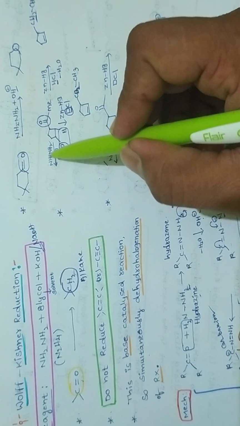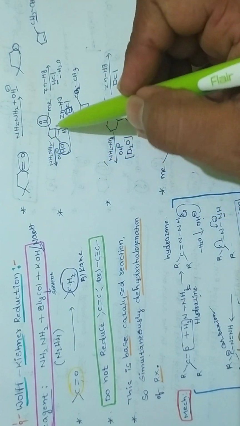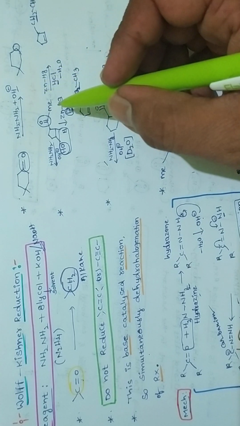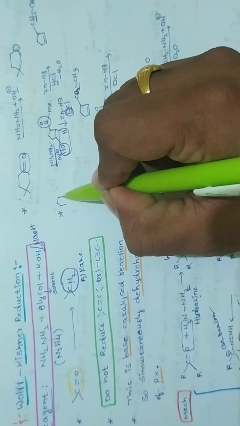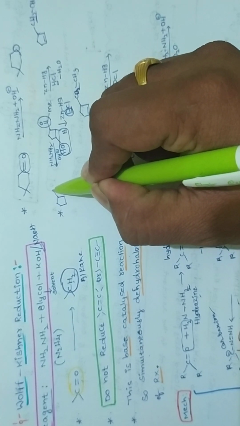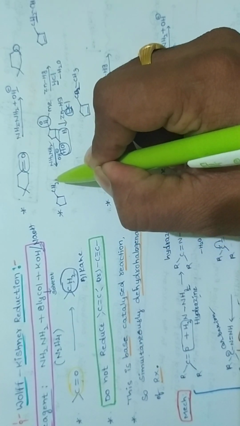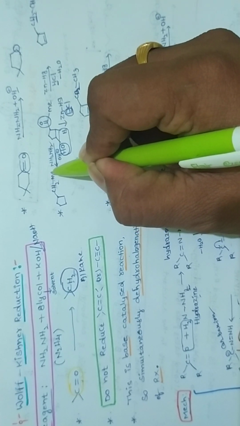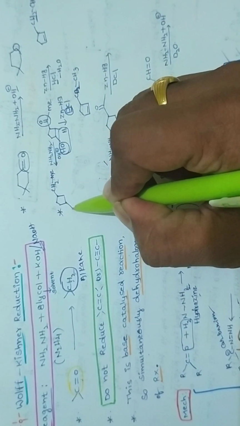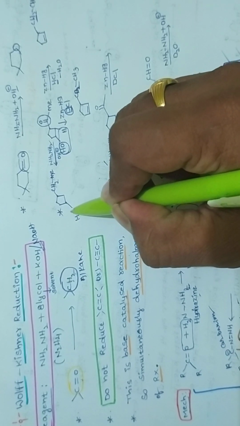Next, here the same compound is reacting with NH2NH2. That is the Wolff-Kishner reaction. Now Wolff-Kishner reaction means the CO group is converting into CH2 group. Then the methyl group as it is we are writing. Now here the OH is as it is present.